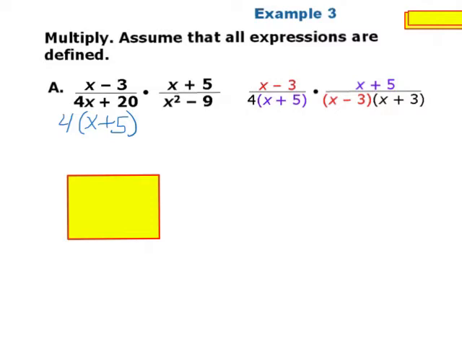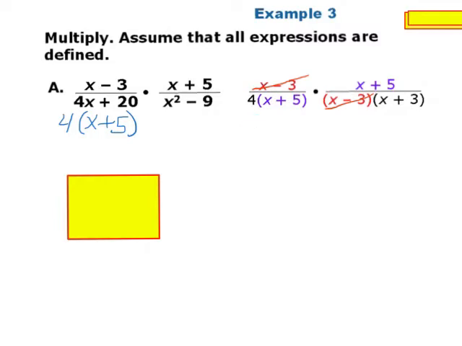Well, I see up top that there's an x minus 3. And I see here there's an x minus 3 as well. Those will divide out. Now, so let's go ahead and let's cross those out. So the x minus 3 divides out with this x minus 3. Now, what else? Well, I see there is an x plus 5 and another x plus 5.